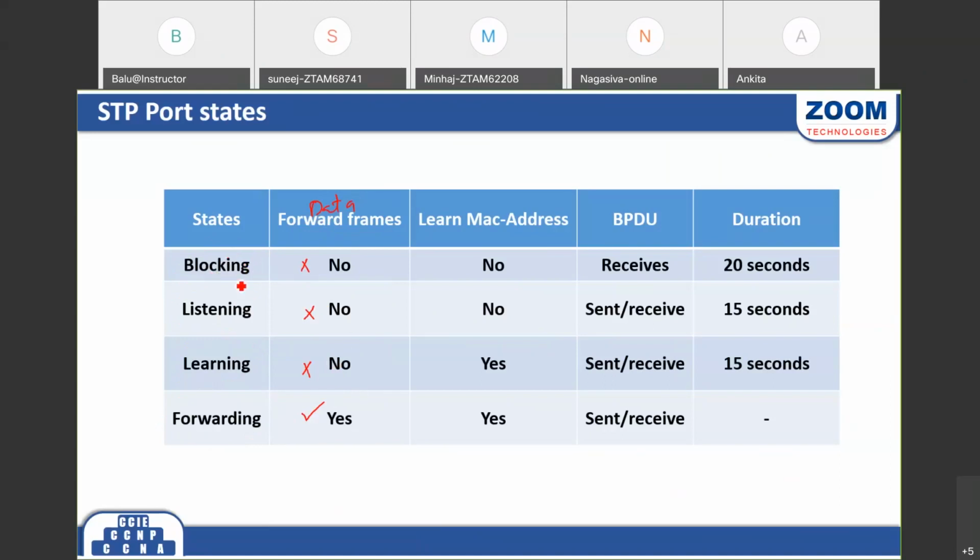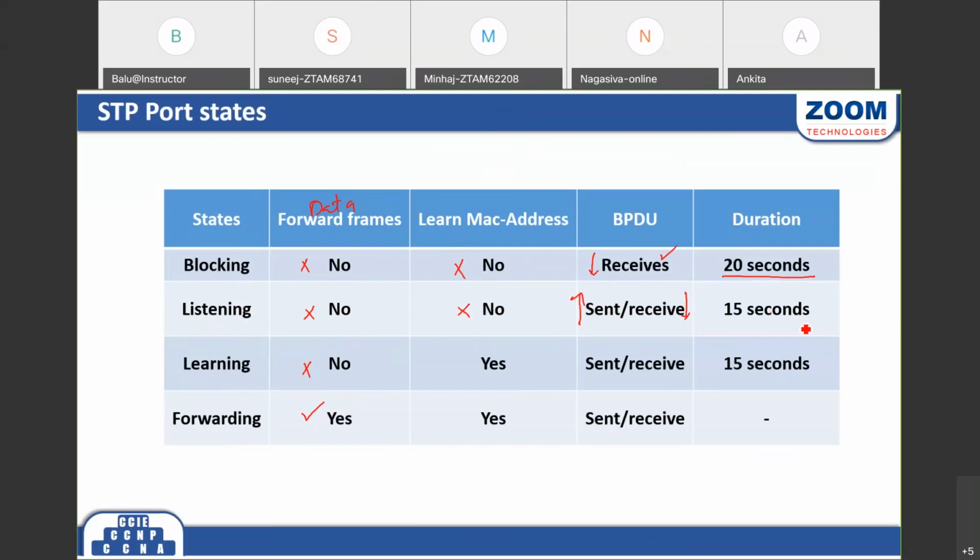Then what happens in the blocking state? When the port is in the blocking state, even the MAC address is not learned. It is just receiving BPDU packets, for up to 20 seconds. In the listening state, no data communication, no learning MAC addresses. Then what happens in the listening state? BPDU packets are being sent and received both.